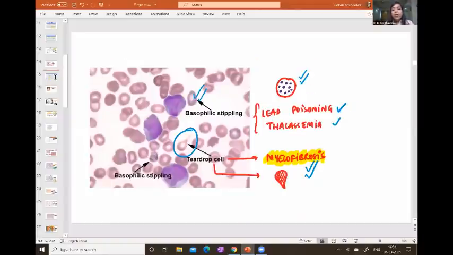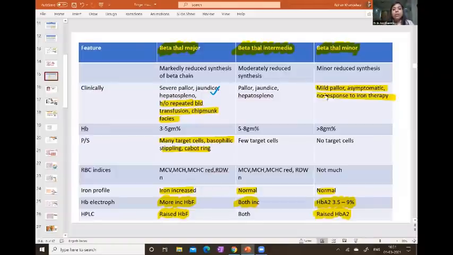Next, if the patient has beta thalassemia minor, the important point is that the patient does not respond to iron therapy. Students, a thalassemia patient has microcytic hypochromic anemia. Now, the most common cause when I see a slide of microcytic hypochromic anemia in my lab, in a country like India, is iron deficiency anemia.